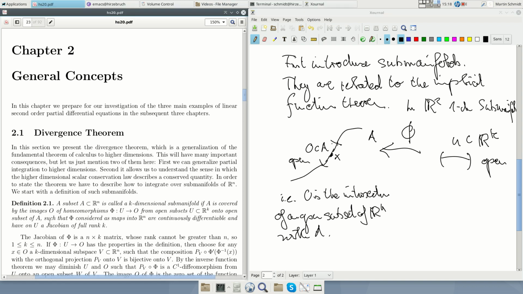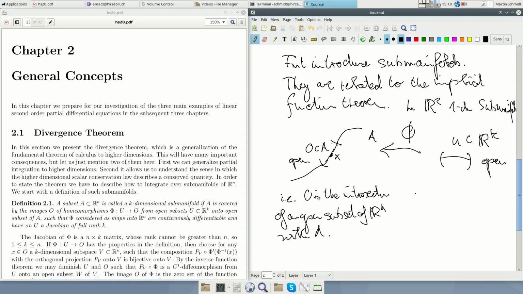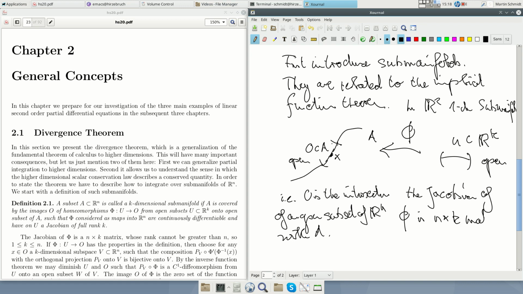And now we have this condition: the Jacobian phi prime has full rank k. The Jacobian of phi is clearly an n times k matrix.